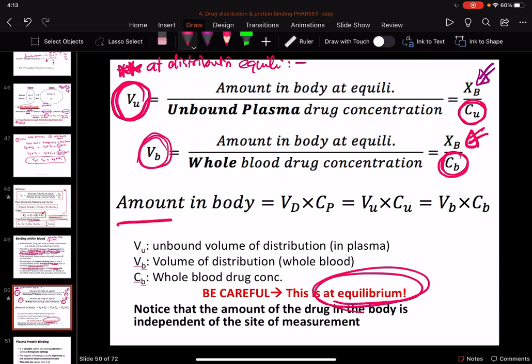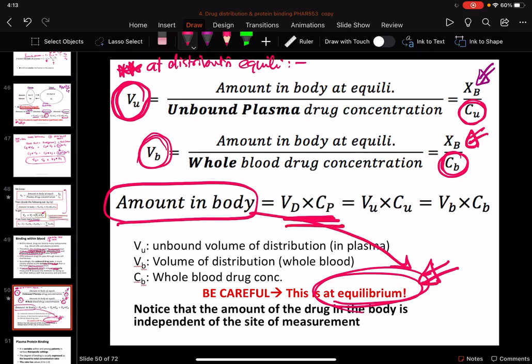And we can notice that the amount in the body at equilibrium, okay, is independent of the site of measurement. Either we are talking about total volume with a concentration in the plasma, or unbound, or in the whole blood, it is independent of the site of measurement because we are talking about equilibrium, and that's why the amount in the body would be the same.